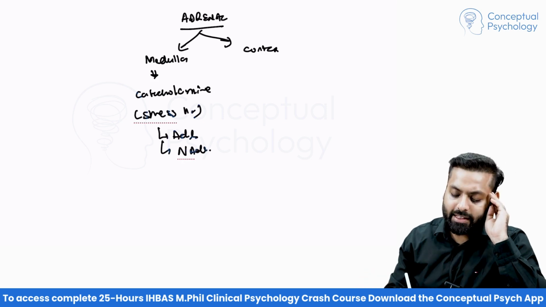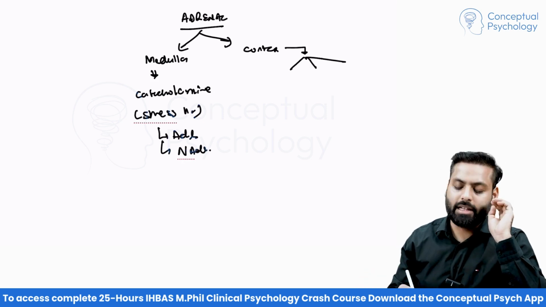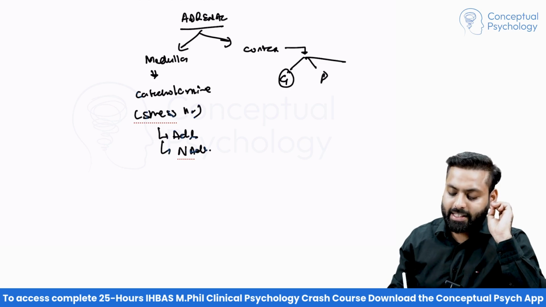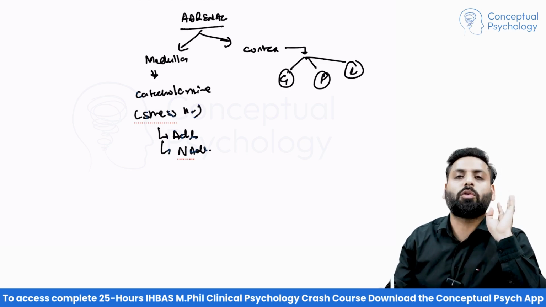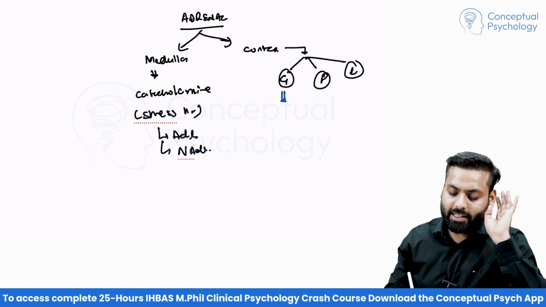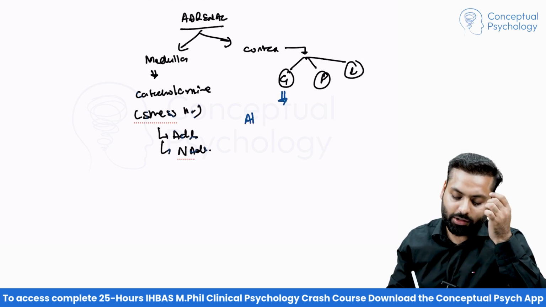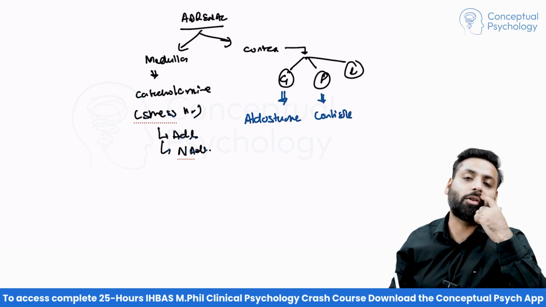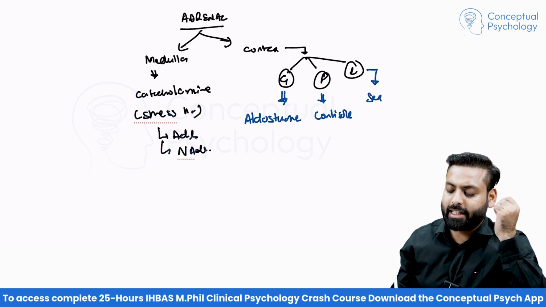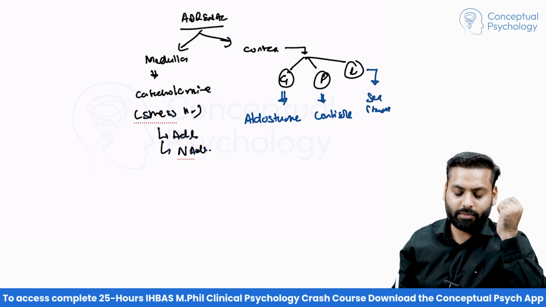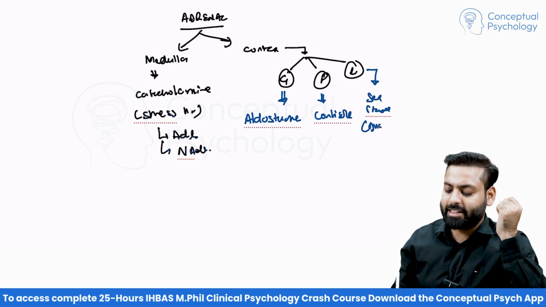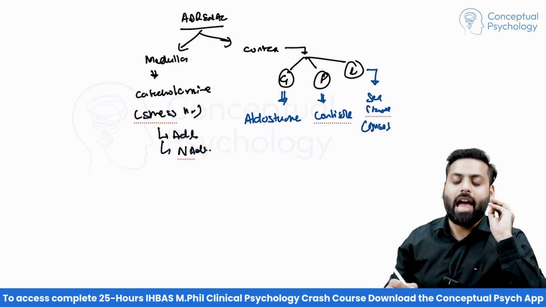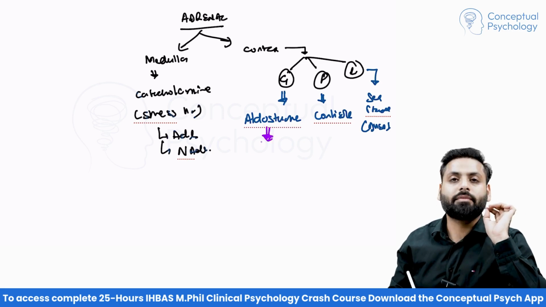Okay, whereas adrenal cortex has three layers: the glomerulosa, the fasciculata, the reticulata, which you don't need to remember. Just remember, from the first layer aldosterone is released, from the second layer cortisol is released, and from the third layer sex steroids are released. Sex steroids like DHEA.